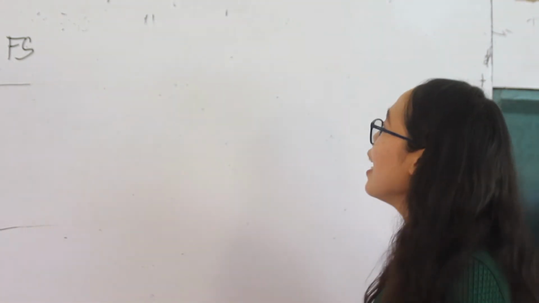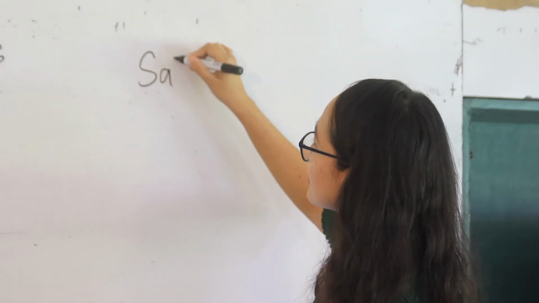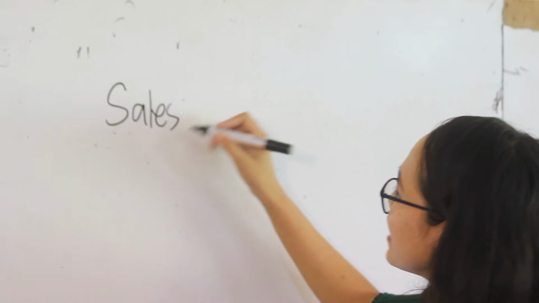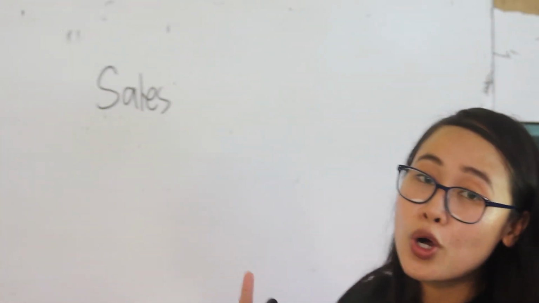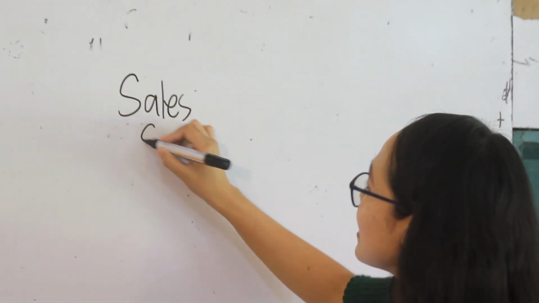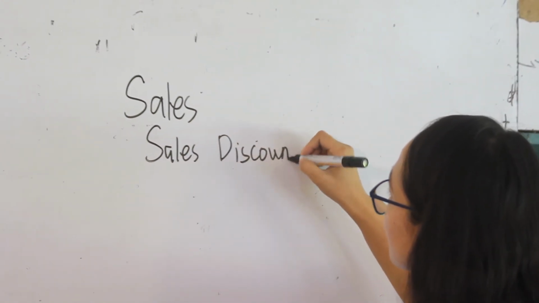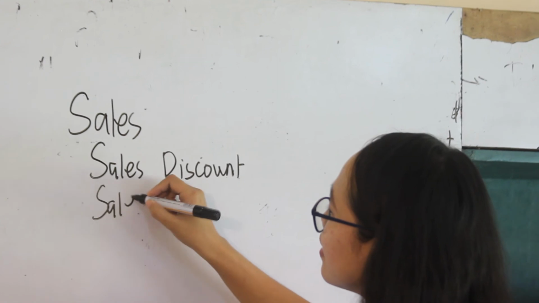So, we have sales. Sales is under the income or the revenue column. The normal balance is credit. And under sales, we have what we call the contra sales accounts, and those are sales discount and sales return.